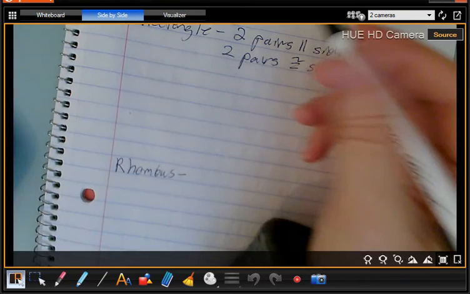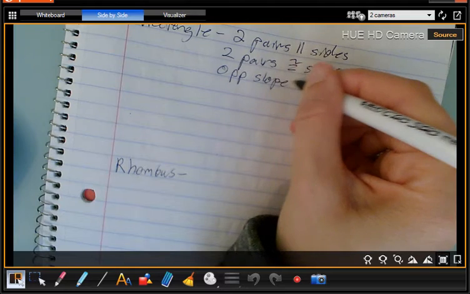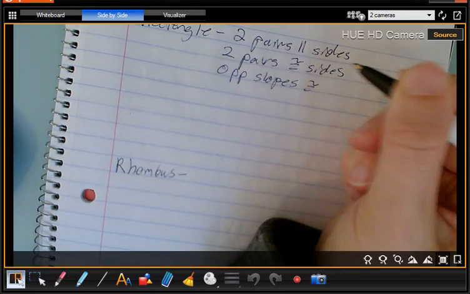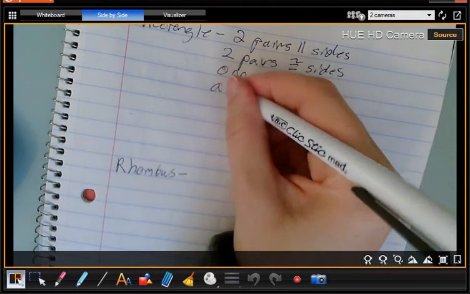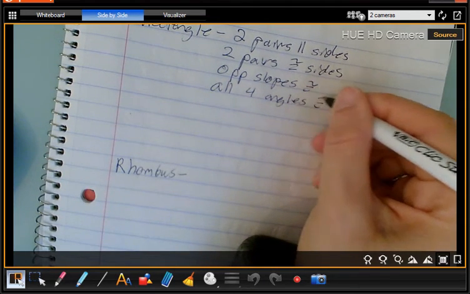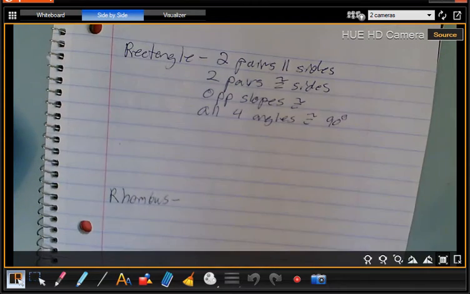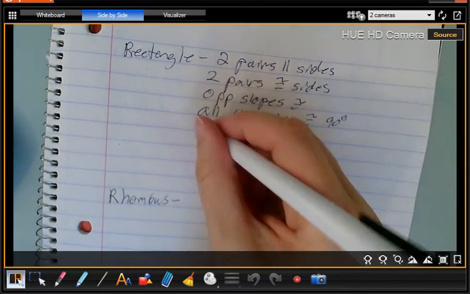Opposite slopes are congruent. All four angles are congruent and right, 90 degrees, or a right angle. And diagonals are congruent.